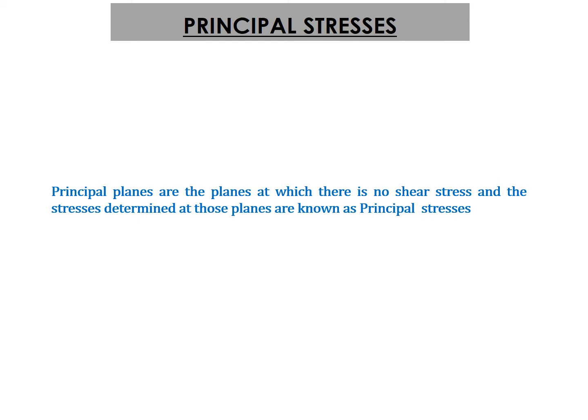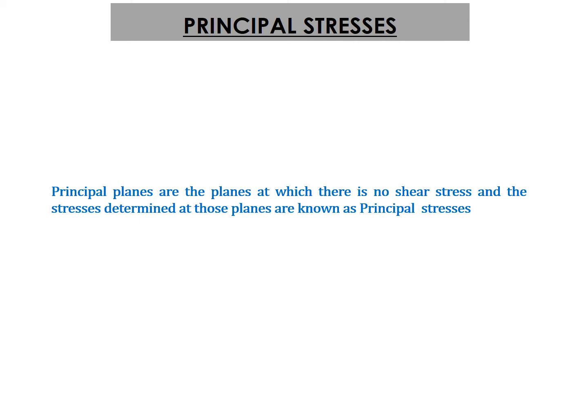The external load acting on the component may be axial load, bending load, or torsional load, or a combination of these loads. So when we have a complex system of loading, it is quite difficult to find out the maximum stress. So using the concept of principal stresses, we can get the maximum stress.